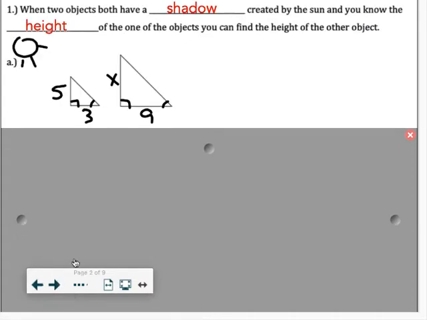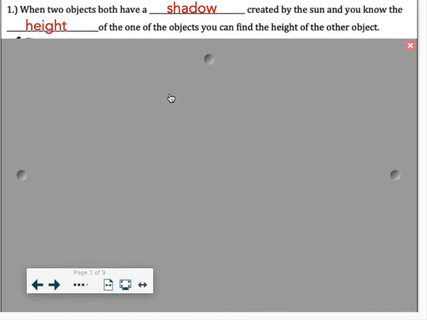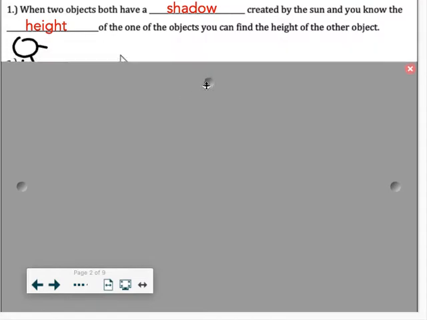So the first thing we're going to look at is when you have two objects outside and they both have a shadow being created by the sun, and you know the height of one of the objects, you can use that idea to find the height of the other object, okay?